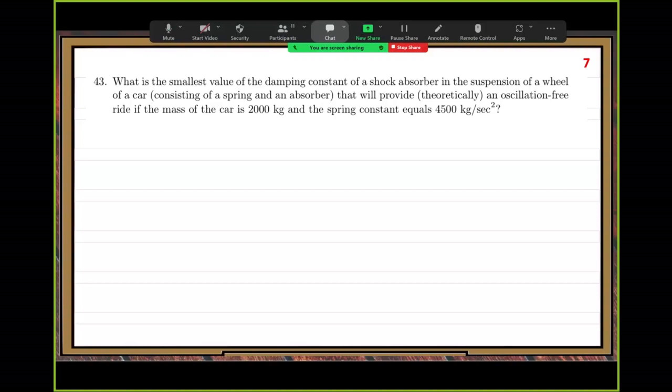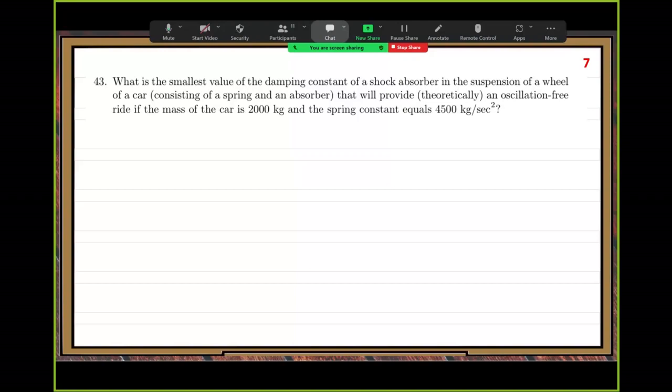Then, theoretically, an oscillation-free ride. If you have a certain amount of oscillation when you drive, you may not feel comfortable. So you adjust the suspension to pass the oscillation line, above the oscillation line.